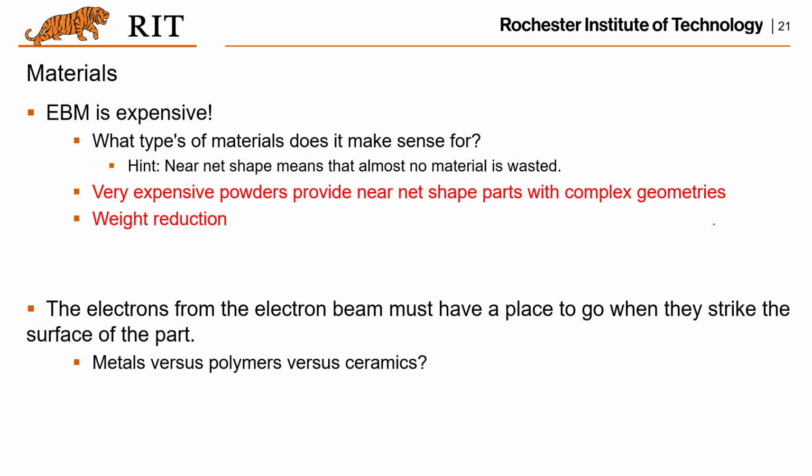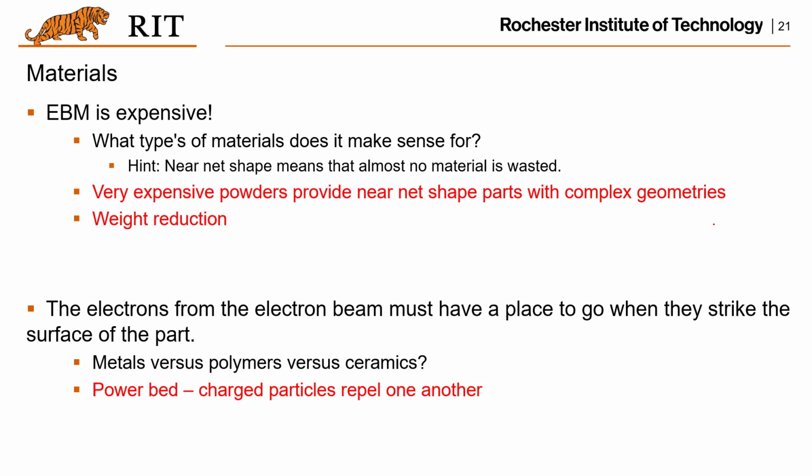And that's a need in many applications like the airplane or aerospace area because they need to produce the part with a highly complex geometry for the weight reduction, and that is very important for those applications. So the cost will be justified in those applications.